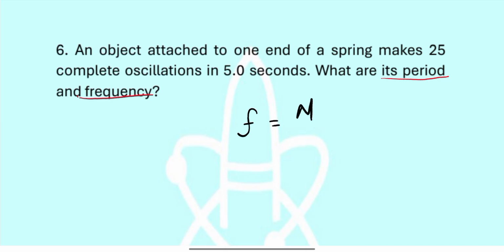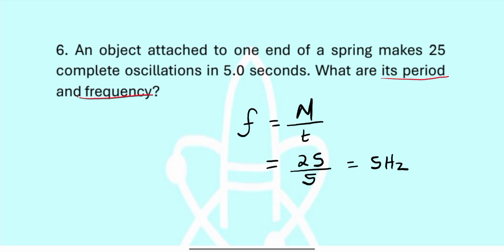You're not really deriving, but the definition itself is telling you the formula, in which case you will say 25 divided by 5, getting 5 hertz of frequency.